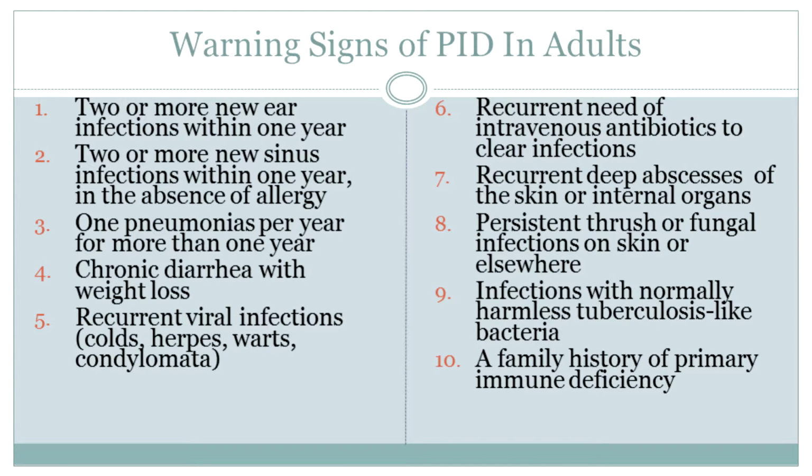So to recap, the warning signs of immune deficiency in adults are as follows, and this is put together by the Jeffrey Modell Foundation for Primary Immune Deficiencies.